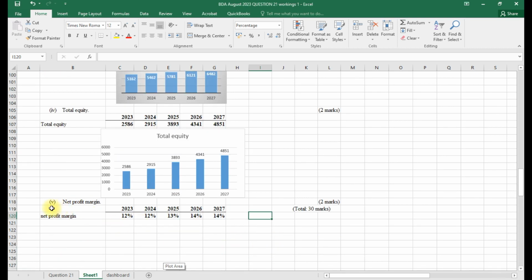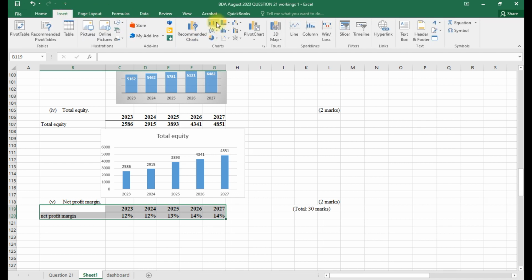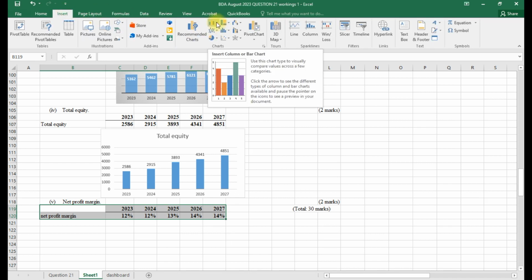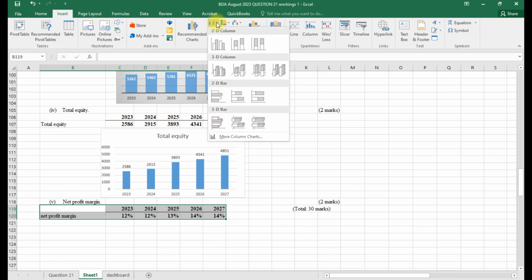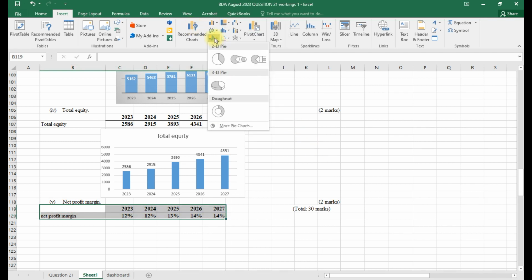So this margin, I'll pick this and first save that. I'll insert. So for the percentages, I can use a chart to show the percentage.